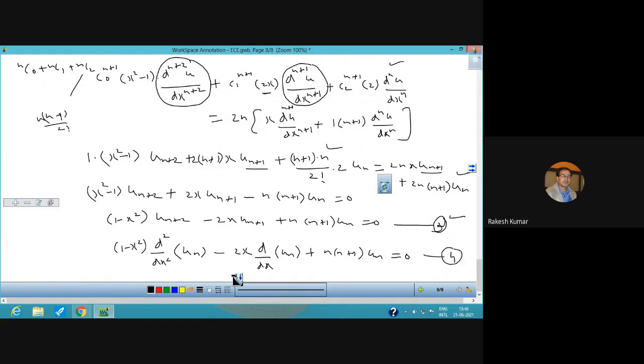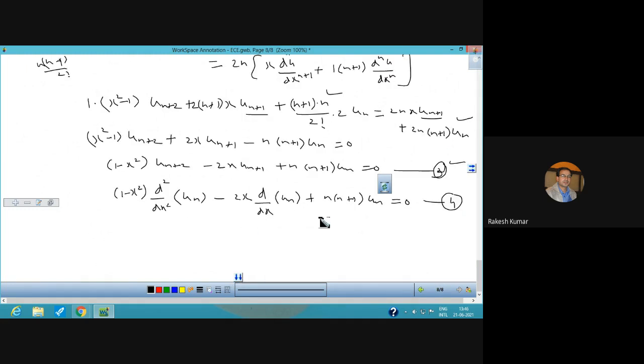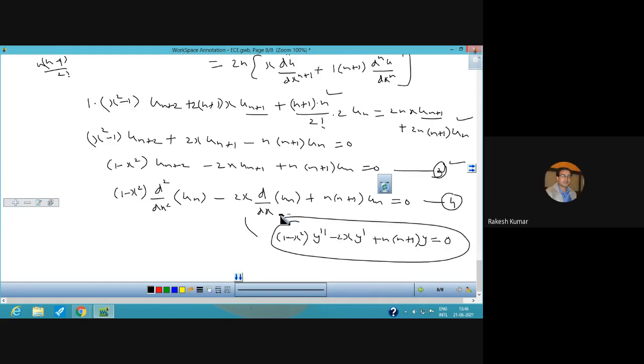Now we see that this equation 4 is a Legendre equation. This is actually Legendre. अगर आप Legendre differential equation को देखें तो this was your Legendre differential equation, minus 2x y dash plus n into n plus 1 into y is equal to 0. This was your Legendre differential equation. अब only difference in 4 and Legendre is in place of y we have un.